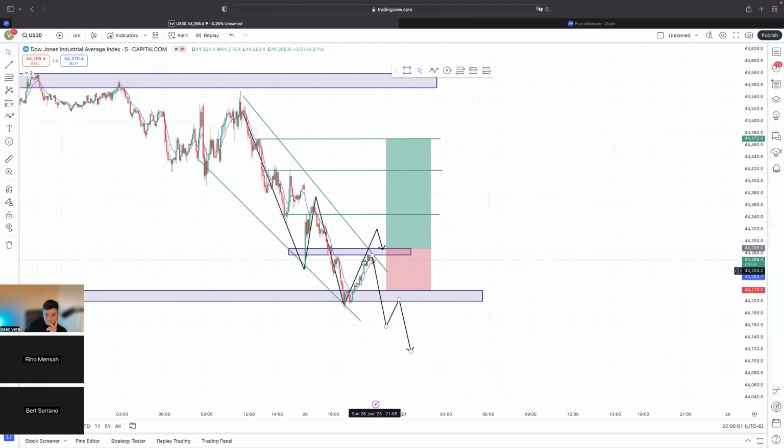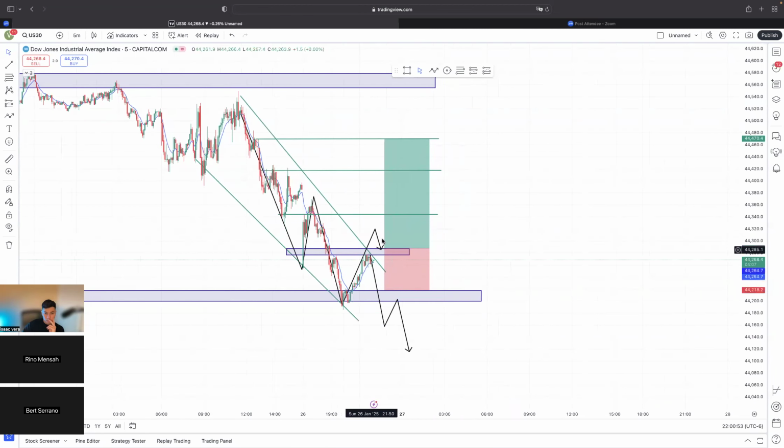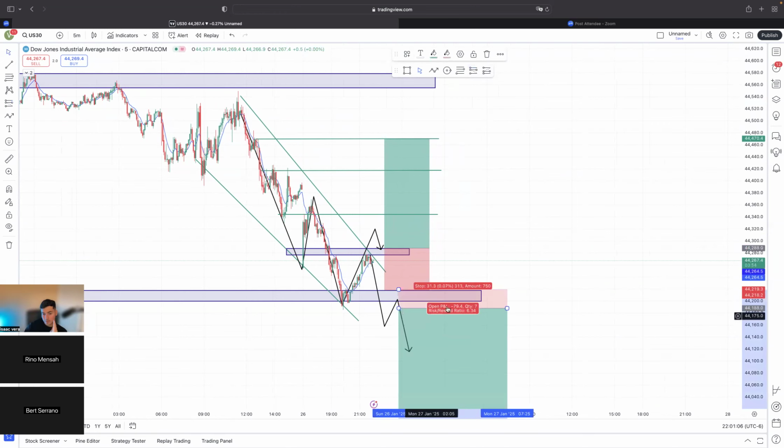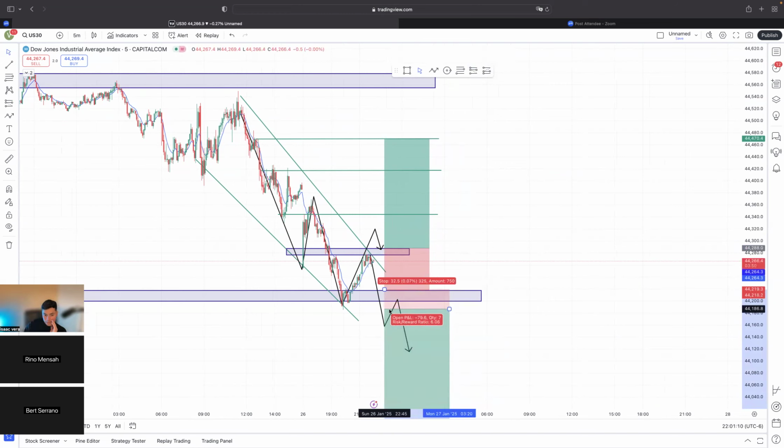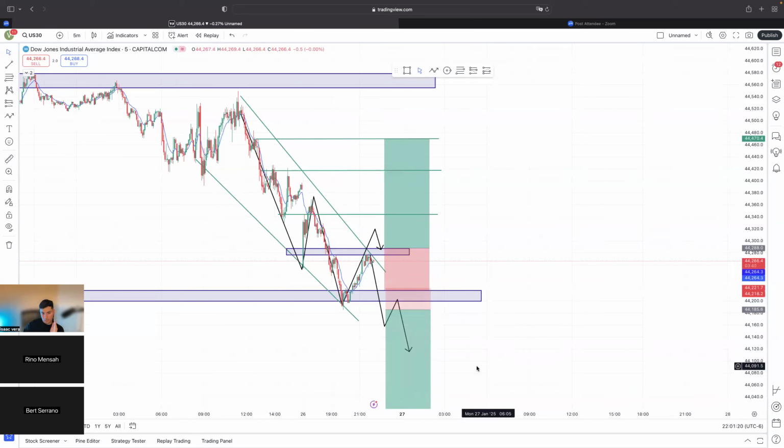So if the price doesn't continuously go up, comes right back down and retests this exact support level, I would be taking a sell right here after I see the price respecting this key zone and forming a bearish engulfing candle. That's the only case scenario I would be taking a sell.